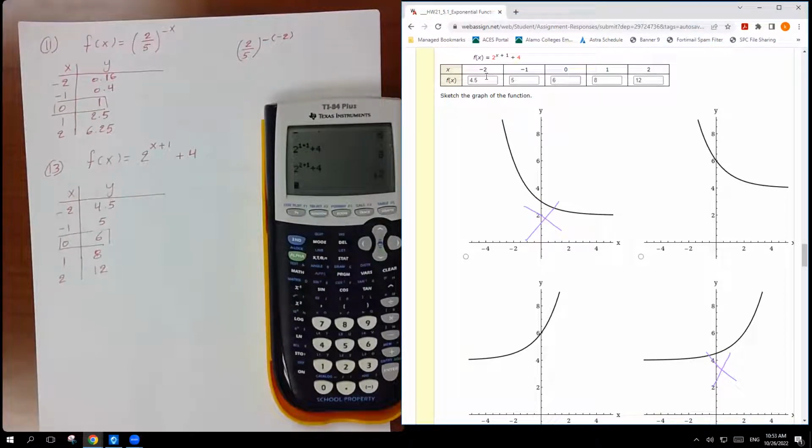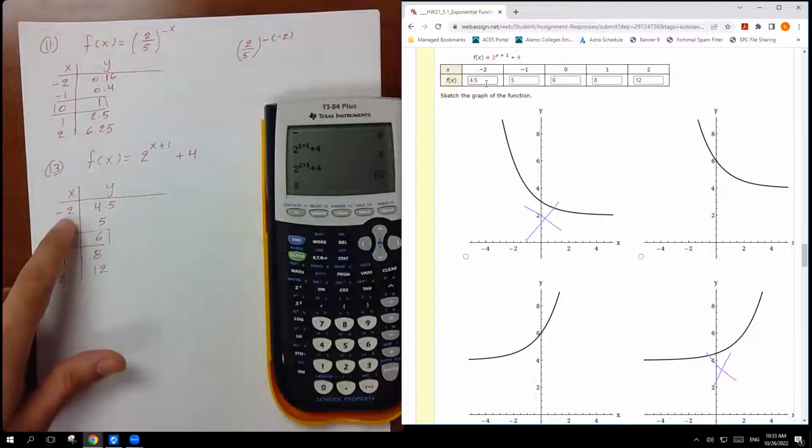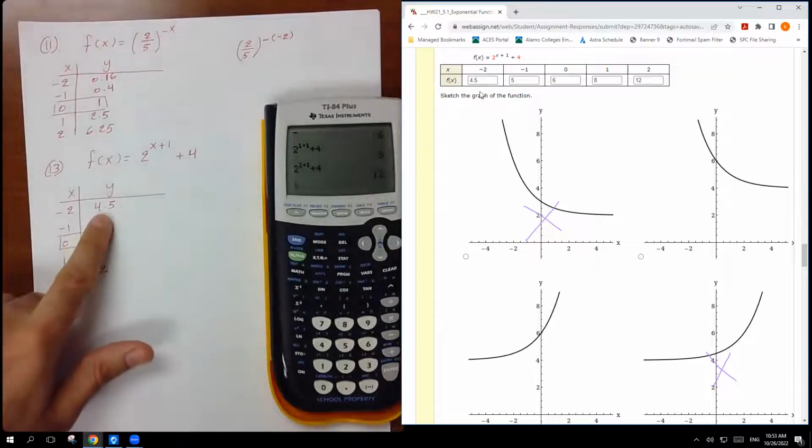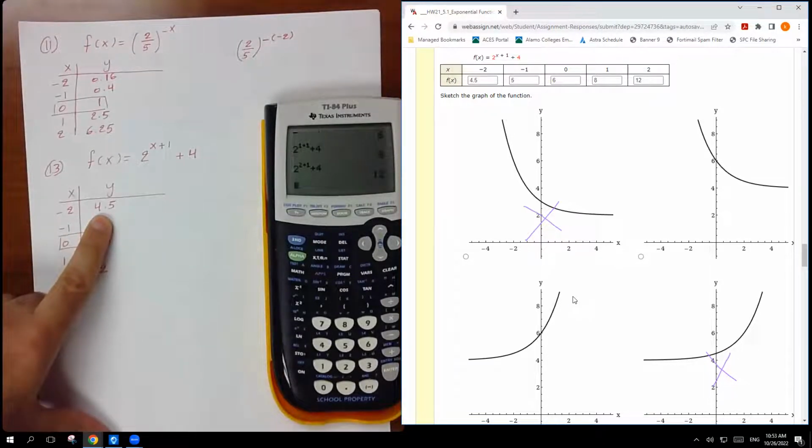When it's -2, the y is 4.5, which is almost here, because this is the 5. When it's -2 on this graph, y is, you can tell.